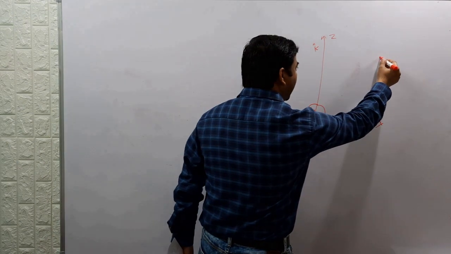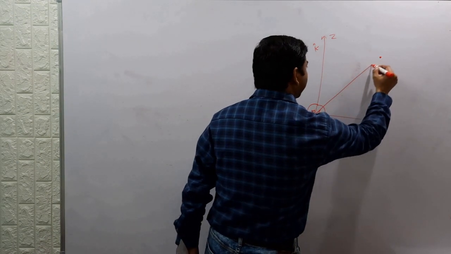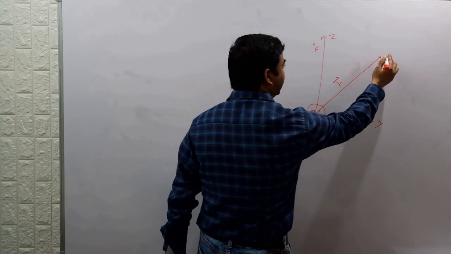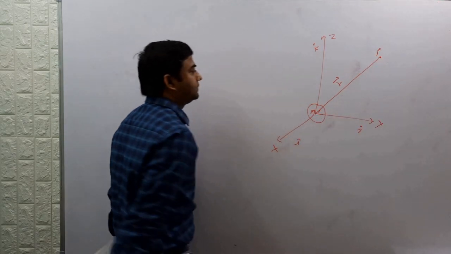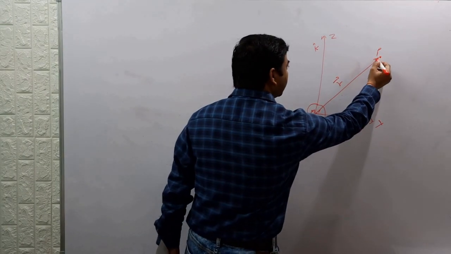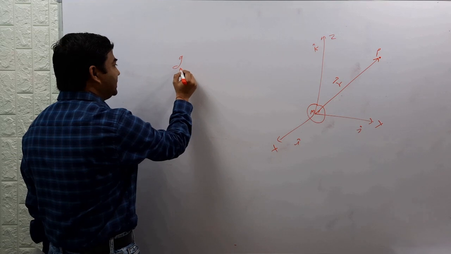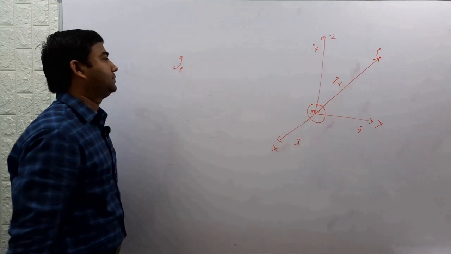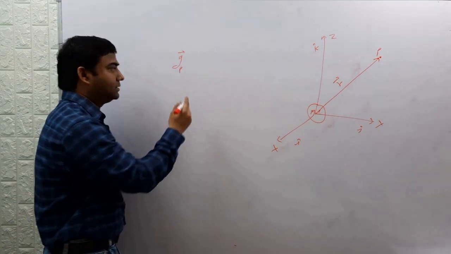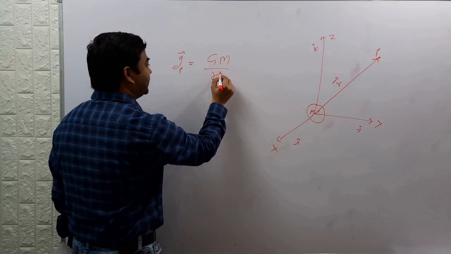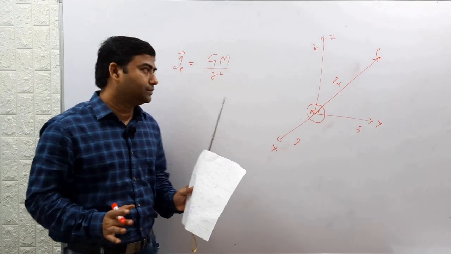At a distance r from its center, this is a displacement vector and this point is P. At point P, we know the gravitational field G_P, that is the gravitational field, is given by Gm by r square. A simple formula we all know.